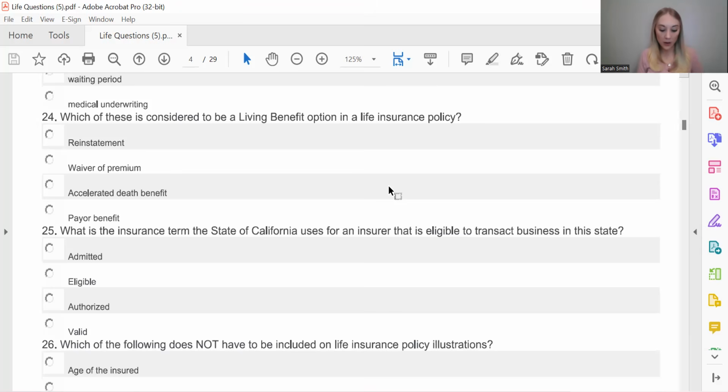I was in a pretty bad car accident and I wound up in the hospital and it was $47,000 just for the one night. I had insurance, of course, but they only do so much. And they wouldn't cover it because they said my car insurance was responsible. So when I was told that living benefits were an option in life insurance policies, I definitely jumped on wanting to get my license to spread the word and tell more people about it.